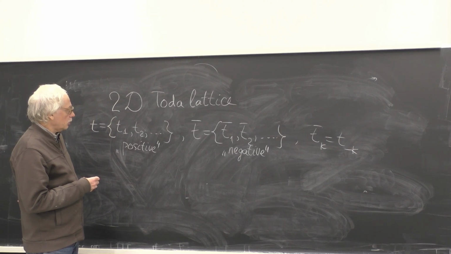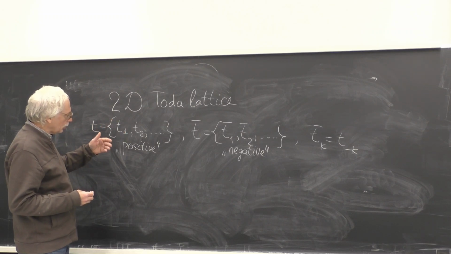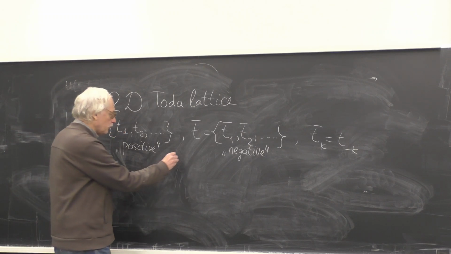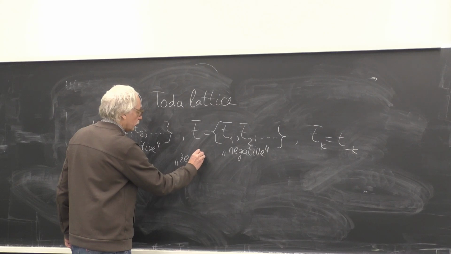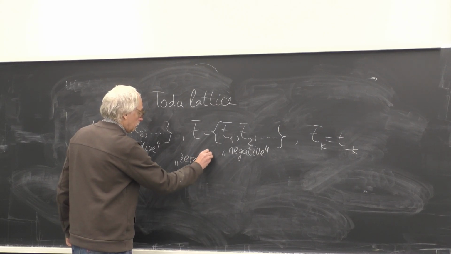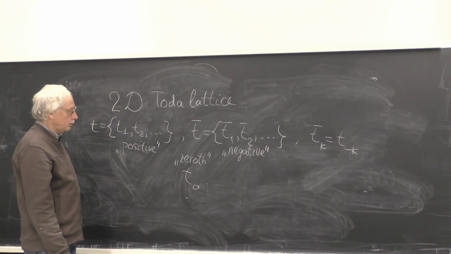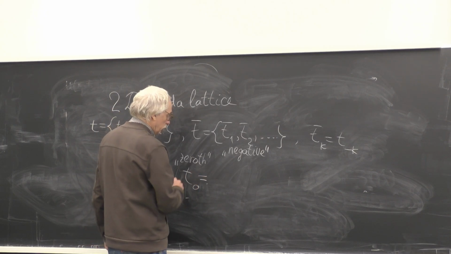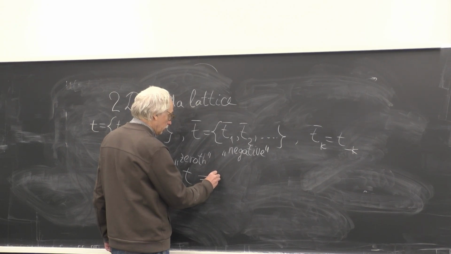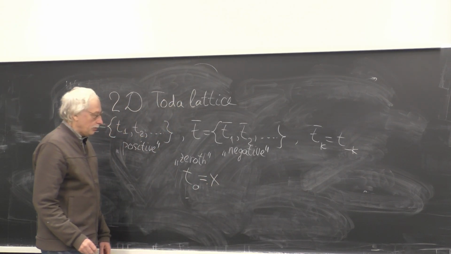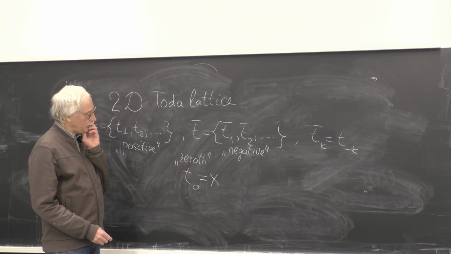And beside, there is also another variable which is called the zeroth time, denoted by T naught, or will be denoted by x, because we will consider elliptic solutions in this x.